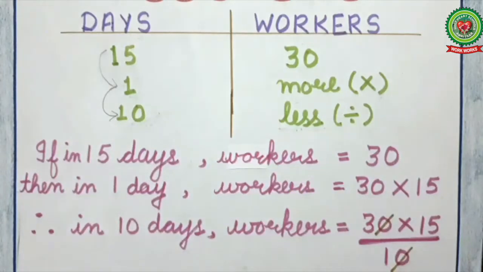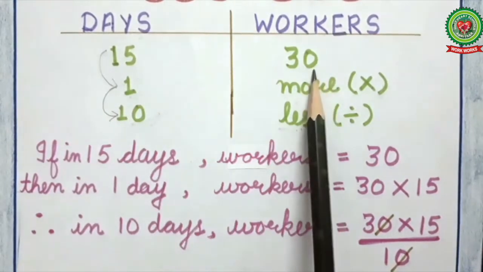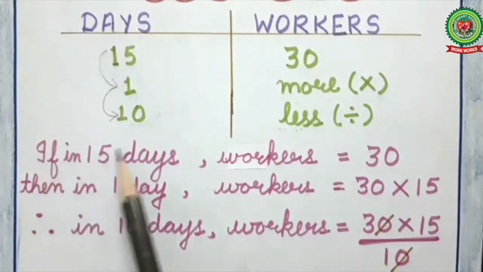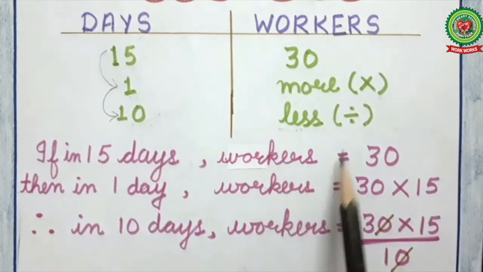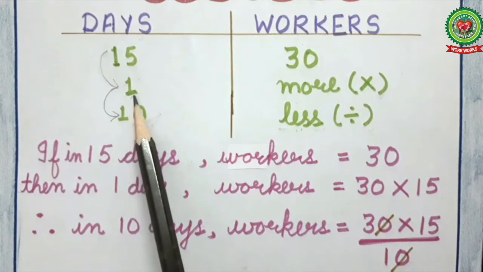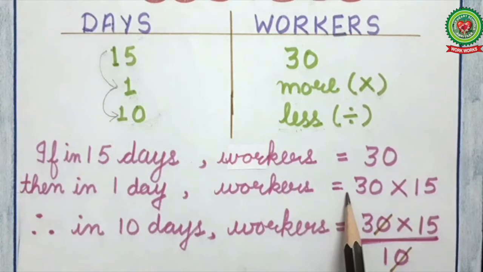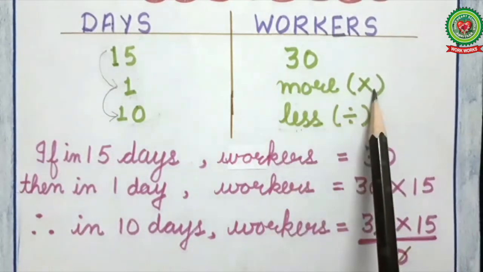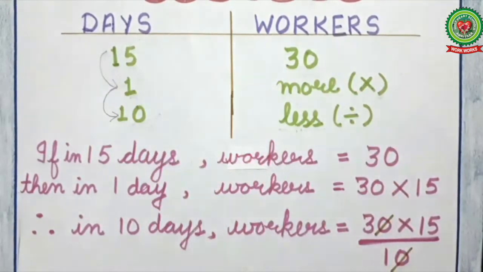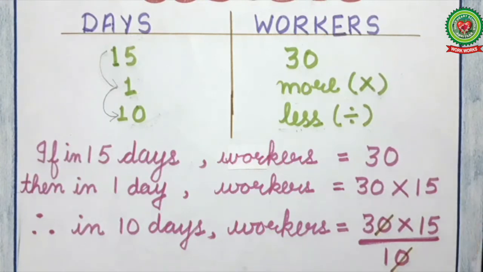Now let's move towards calculation part. Here we have given 15 days, 30 workers. So let's start from it. If in 15 days workers is equal to 30. After that move towards 1 day. Then in 1 day workers is equal to, that we will get by multiplying 30 by 15. 30 multiplied by 15. You can do calculation here also, or to reduce your calculation you can do calculation in next step also.